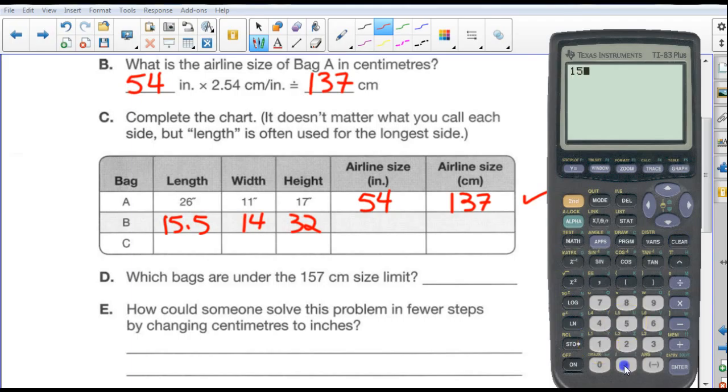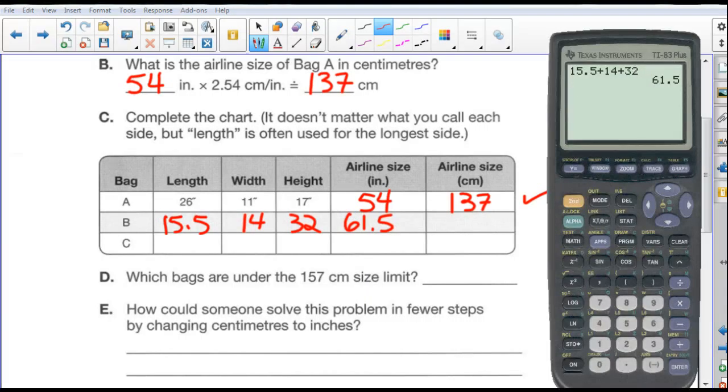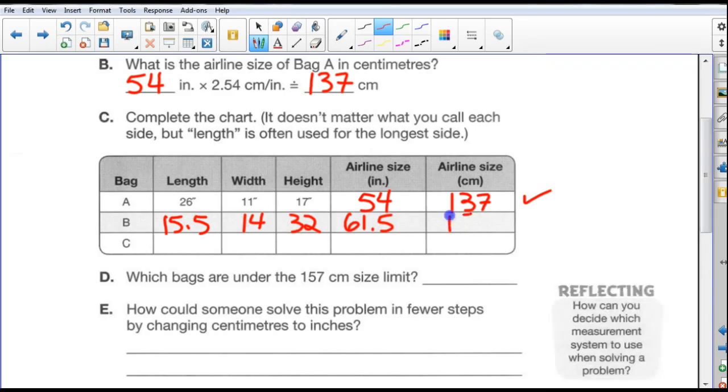I've got 15.5 plus 14 plus 32 equals 61.5. We take that 61.5 and multiply it by 2.54, which is our conversion. And we get 156.21, or 156. That one is under the limit, which is good.